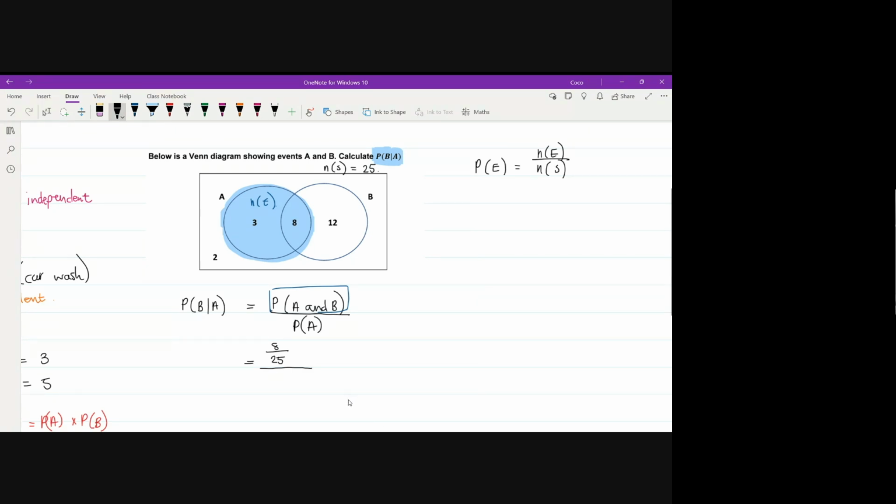What are we looking at? 11 over, remember, it's not just the event size, it's the probability of the event. That's it, lovely. It needs to be 11 over 25. Okay, let's punch that into a calculator and get me an answer, folks. 8 over 11. 8 over 11. Good. So our answer will be 8 over 11.